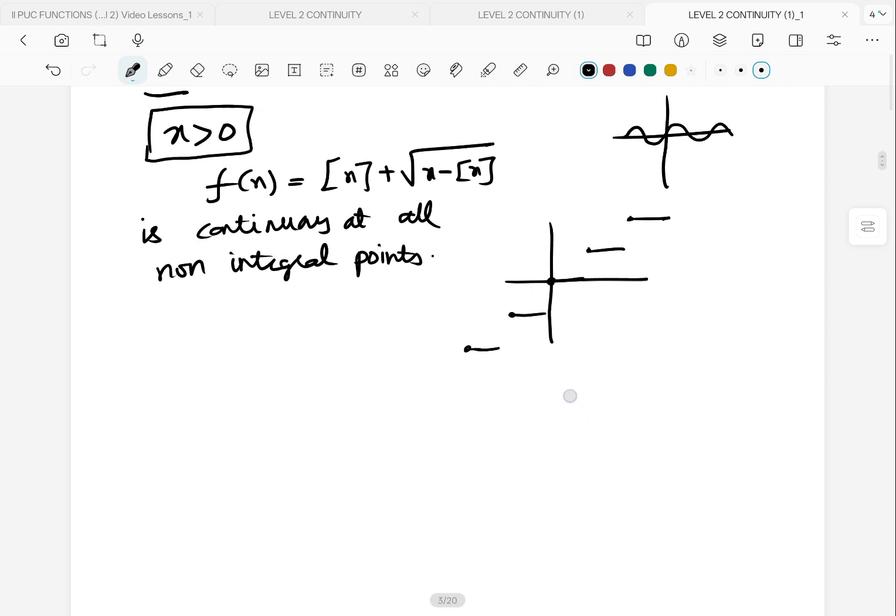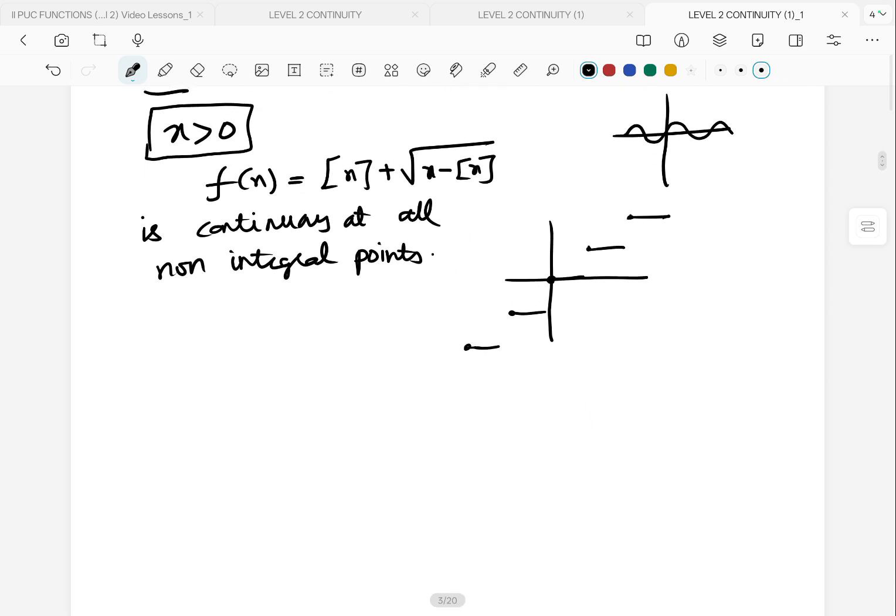Now, let's discuss at all integral points. So, let me consider an arbitrary point C from the interval 0 to infinity and C be any integer. Non-integral we have already discussed. So, I am taking C to be an integer from x greater than 0. This interval 0 to infinity.